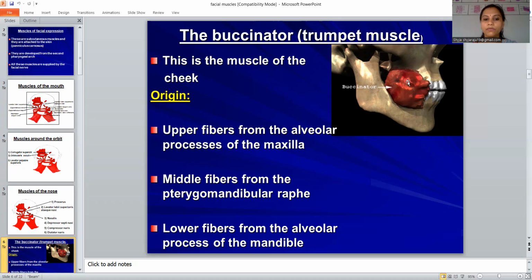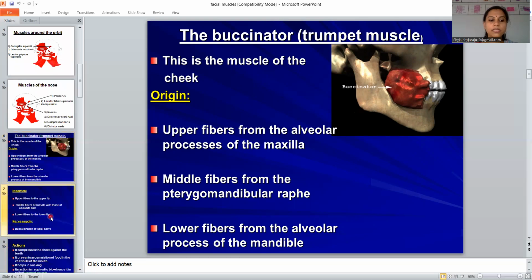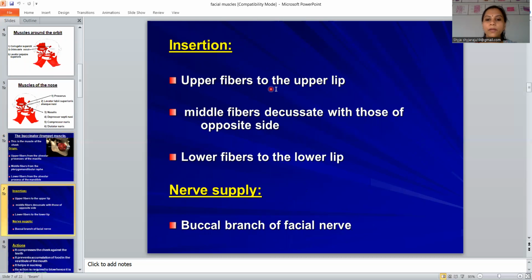The upper fibers from the alveolar process of the maxilla, the middle fibers from the pterygomandibular raphe, and the lower fibers from the alveolar process of the mandible. The insertion: the upper fibers to the upper lip, middle fibers decussate with those of the opposite side, lower fibers to the lower lip.